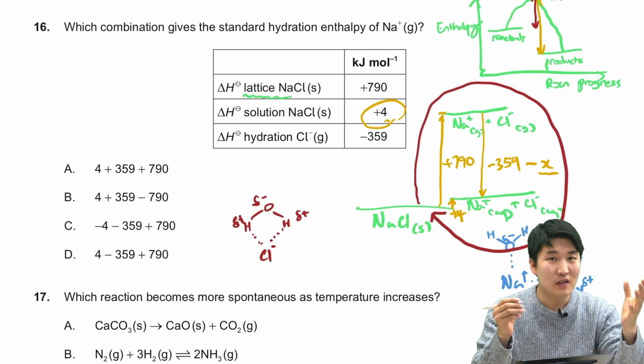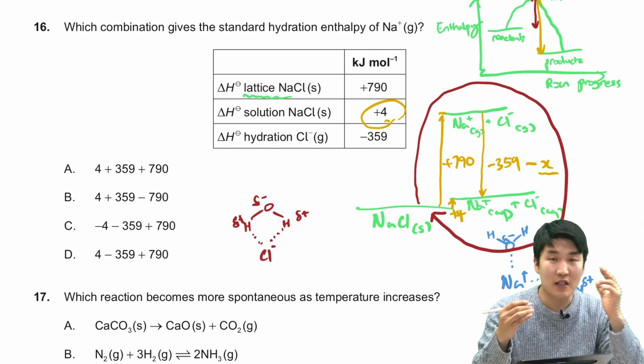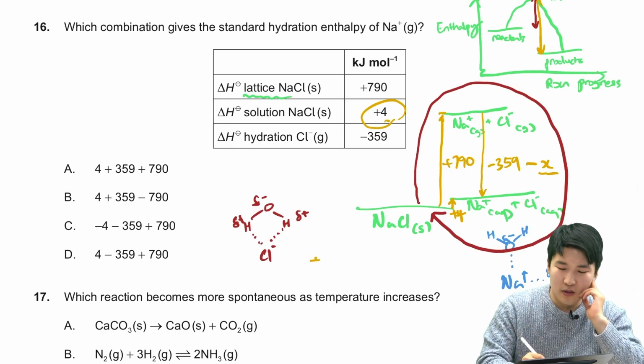Now, all we have to do is find what x is by setting up a Hess cycle equation. Plus 790 will equal to plus 4 and minus 359. I should have actually written plus x.